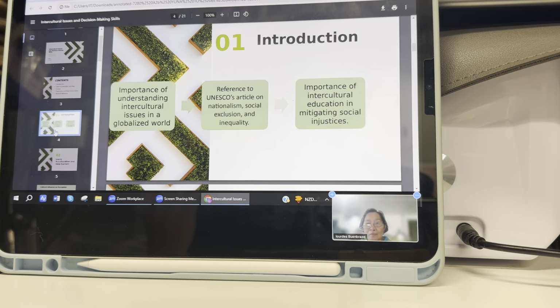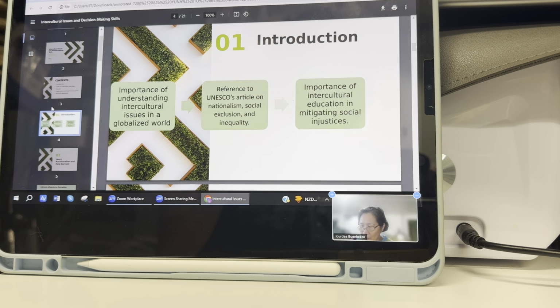So how do we solve this issue from the literature? The first is intercultural education. In my opinion, understanding intercultural issues is also a key point to dealing with the problem.